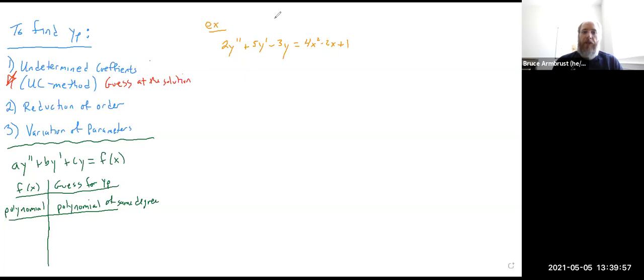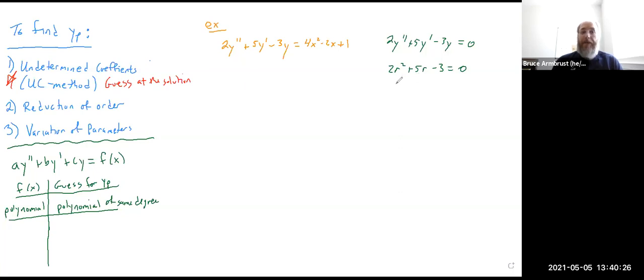We'll put the homogeneous up. We're going to have 2y double prime plus 5y prime minus 3y equals 0. So as we saw before, the trick here is to create the polynomial. So we're going to have 2r squared plus 5r minus 3 equals 0, and we need to find the solutions to this.